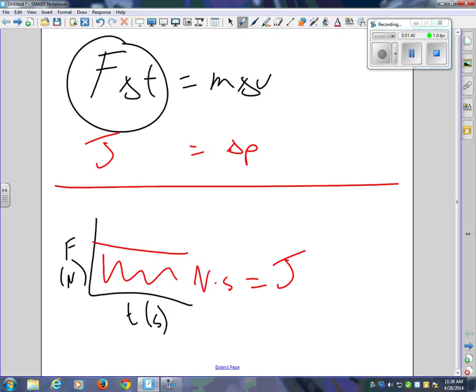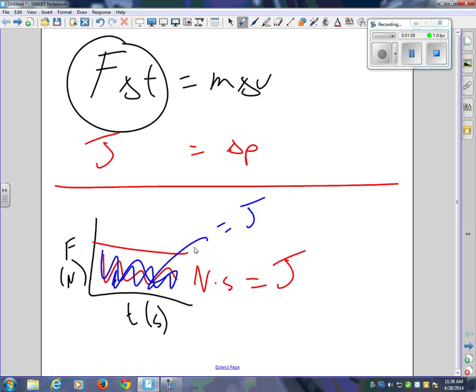Which means the area under the graph is equal to the impulse, even when the force is not constant.